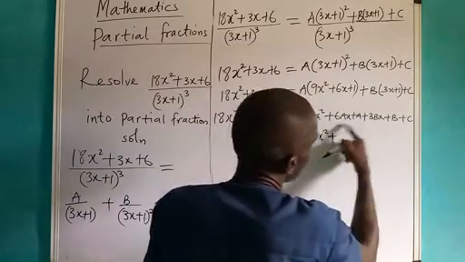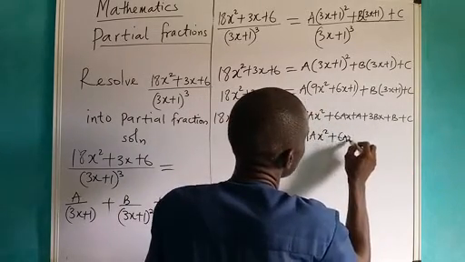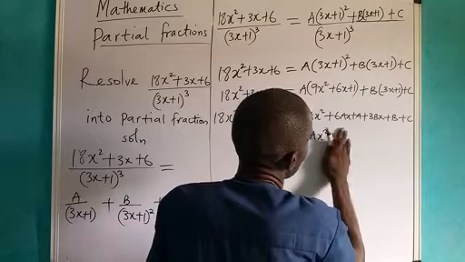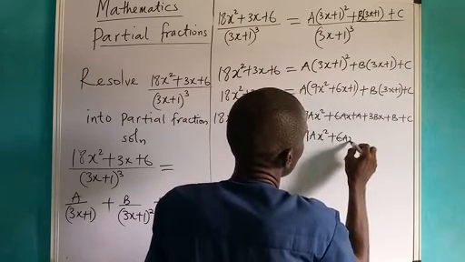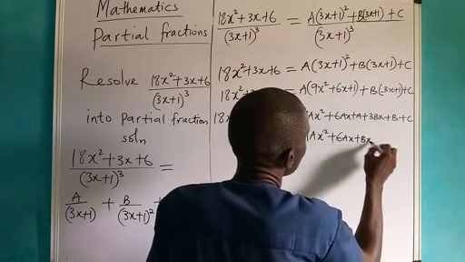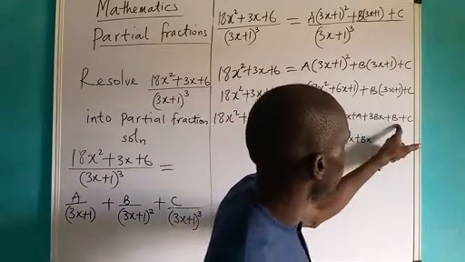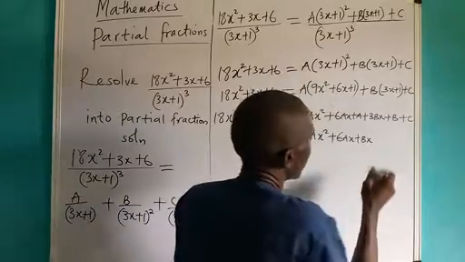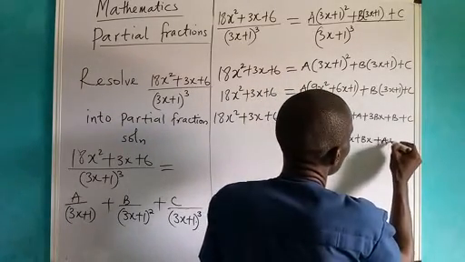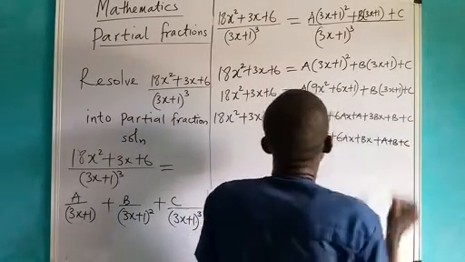But this one and this one can come together, that is 6as plus 3bs. Which terms do not have s? a does not have s, b does not have s, c does not have s. I can bring them together to become a plus b plus c. This is what I now have.